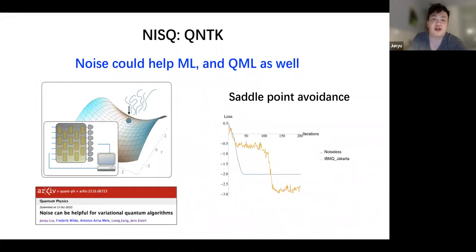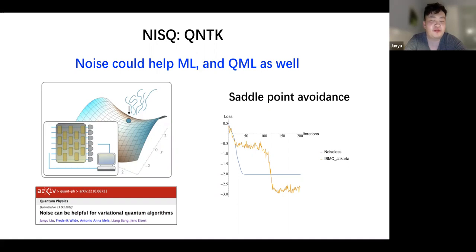And furthermore, I want to briefly mention that we also study analytically, and also numerically, how noise could help some variational tasks in quantum machine learning and classical machine learning. In general, in classical machine learning, we don't have to do high precision calculation, because in many cases noise actually helps us perform better.